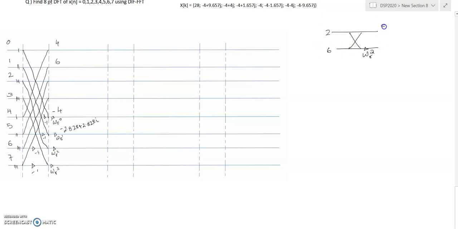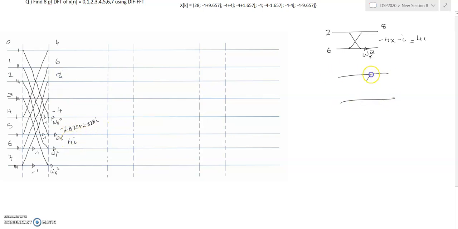Essentially this wouldn't be difficult. So this will be A plus B equal to 8, and this will be A minus B, minus 4, into minus j. W_8^2 is minus j, so this will be 4j. So the signal over here will be 8, and this will be 4j.